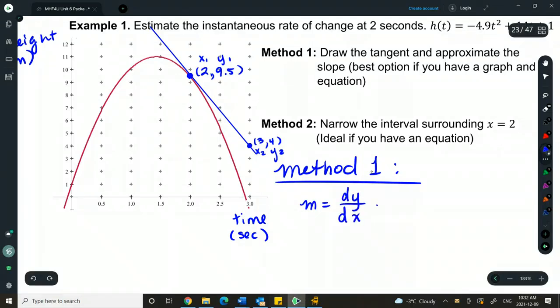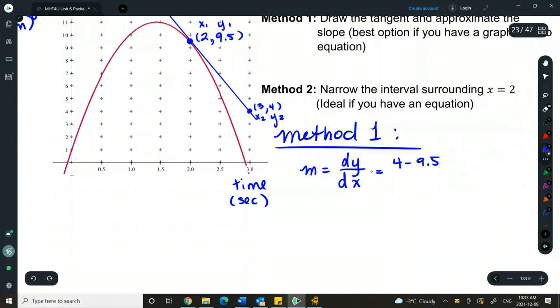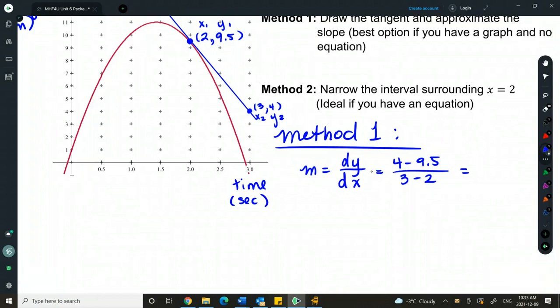So it still means the change in y over the change in x, but we're just indicating that we're finding an instantaneous rate rather than an average rate. Okay, so I'm going to do y2 minus y1 over x2 minus x1. So I'm getting negative 5.5 meters per second.